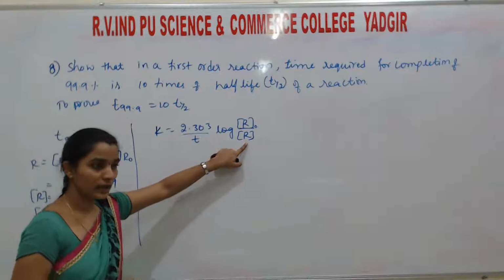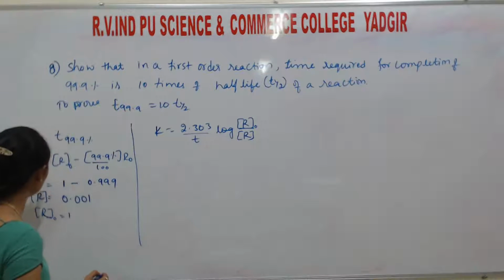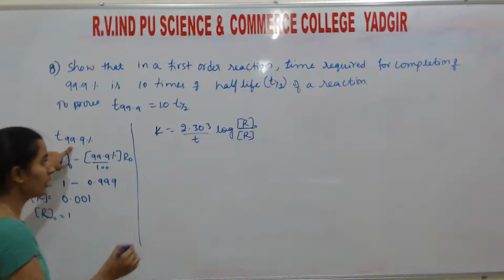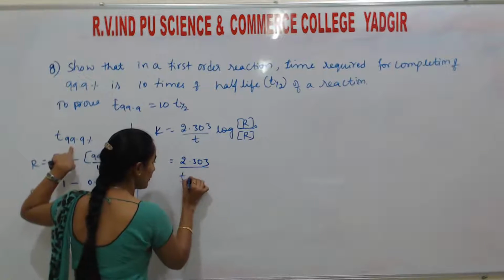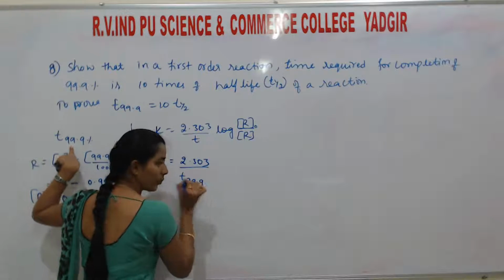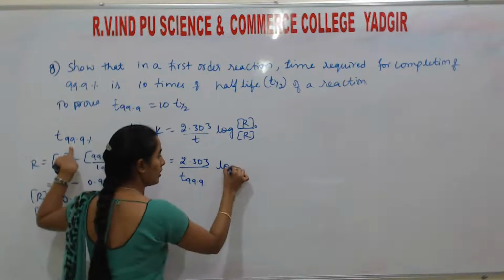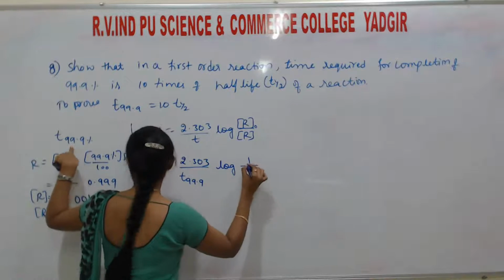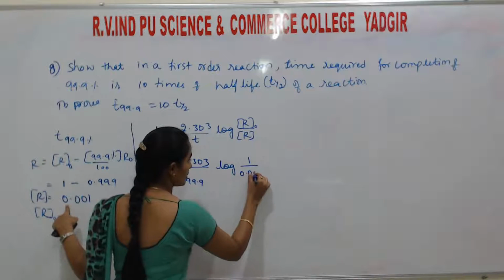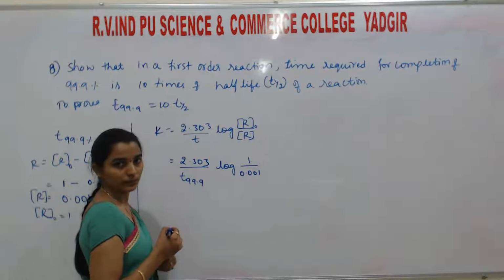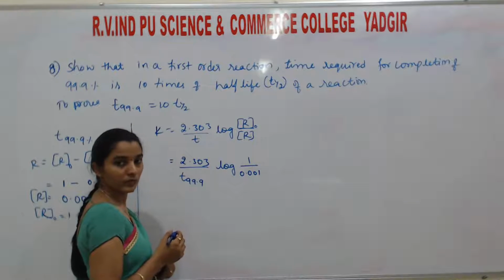But here we are considering this for how much? 99.9%. So then this becomes 2.303 divided by T 99.9 into log, R0 value is 1, R value is 0.001. Correct?